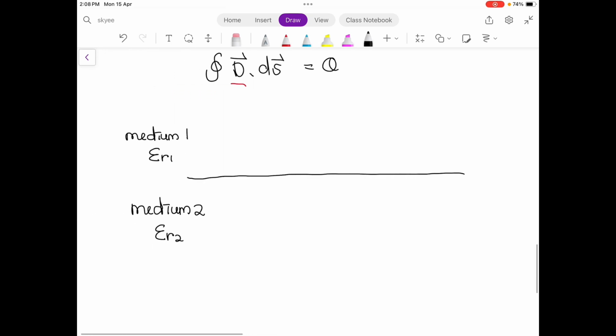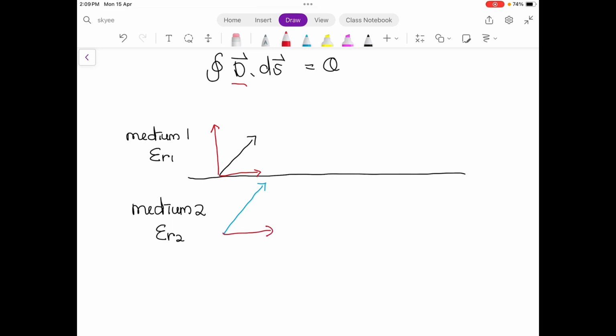If this is the electric field in medium 1, you can split it into normal components and tangential components. Whereas for medium 2, if this is your electric field, you can also split it into tangential components and normal components.